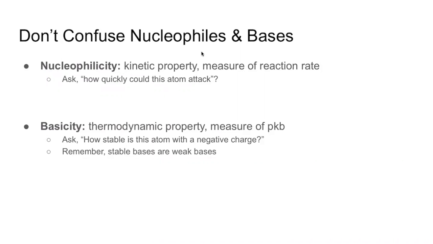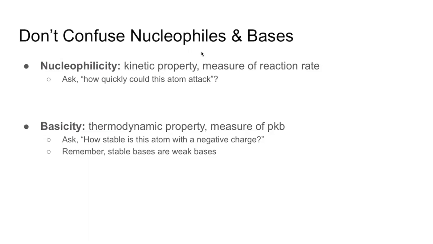So you might have noticed that a lot of the qualities for being a good nucleophile are often similar to ones for being a good base. So for example, being unstable with a negative charge, thus wanting to either grab a hydride or grab some other nucleophile. And so nucleophilicity is going to be a kinetic property.